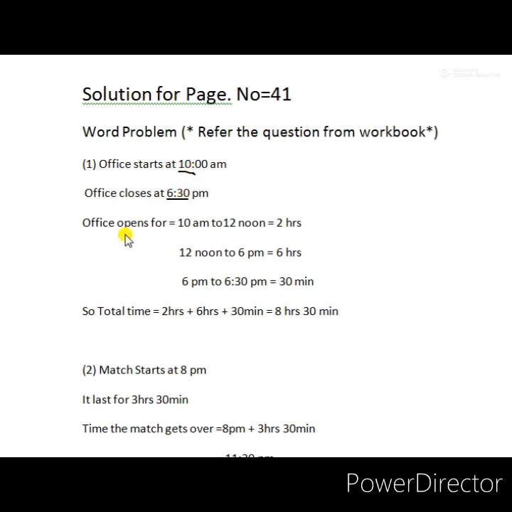First find 10 a.m. to 12 noon, that is 2 hours. Then 12 noon to 6 p.m., we know that is 6 hours, and 6 p.m. to 6:30 p.m. is 30 minutes. So in total, how many hours will the office work? 2 plus 6 plus 30 minutes, that means a total of 8 hours and 30 minutes.